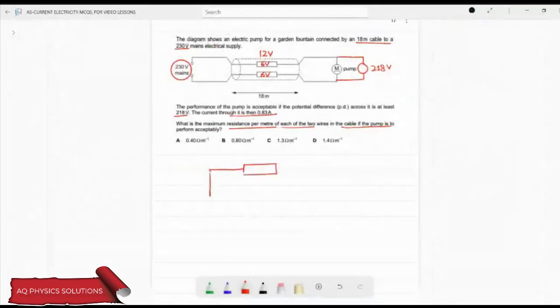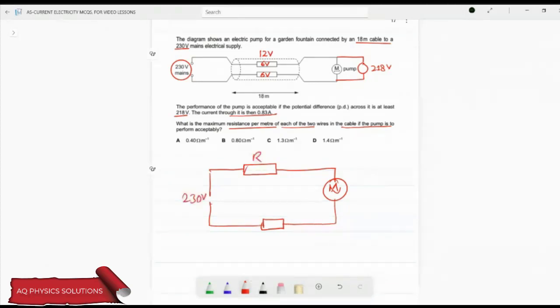Let's make these two wires as two resistors, and then let's make this motor as an output pump, and then I can have another wire, which will behave like another resistor, and then this is your 230-volt power supply.